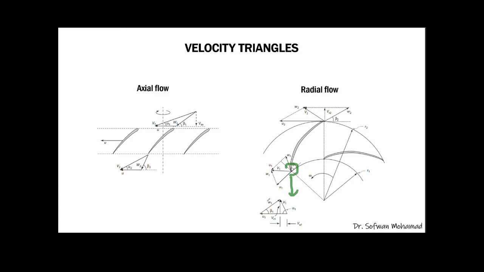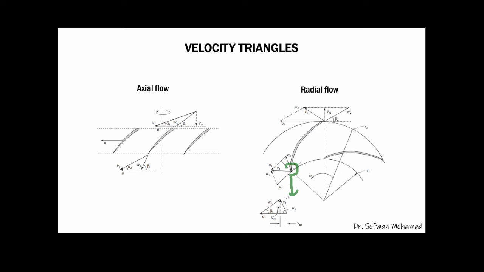Here W represents the whirl velocity, U is the velocity of the blade, VR, similar to the previous one, is the relative velocity, and V is the absolute velocity. And we have alpha and beta.